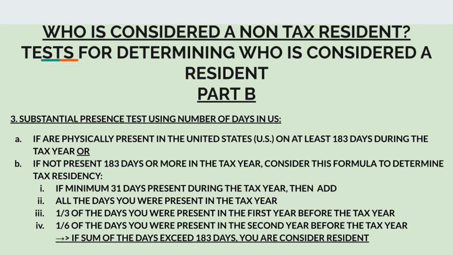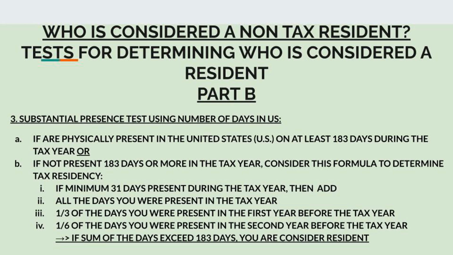If that prerequisite is satisfied, then what you're going to do is count all the days in the tax year that you were present, then go ahead and count all the days that you were present in the first year before the current tax year and divide those numbers by 3. And then go ahead and count all the days in the second year prior to the current tax year and divide that number by 6.